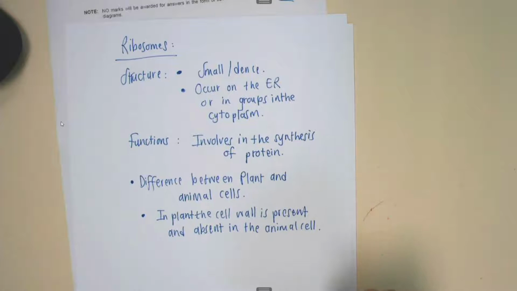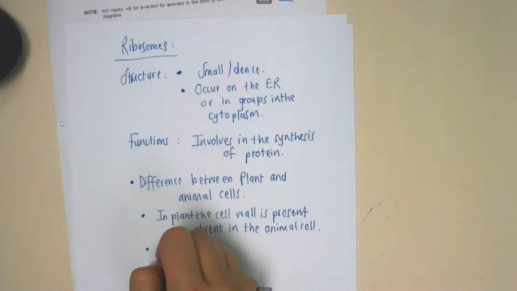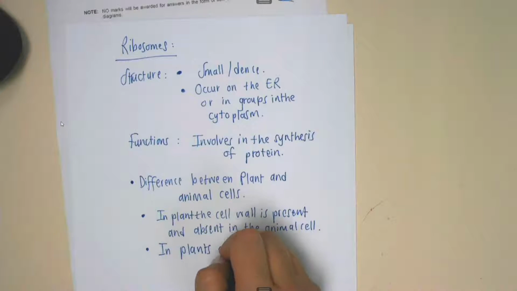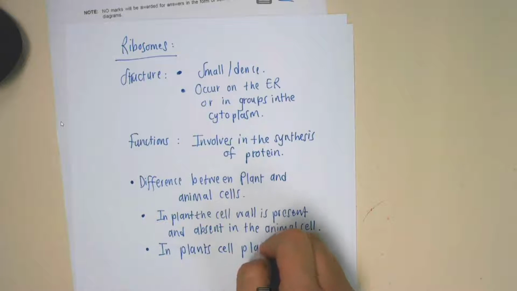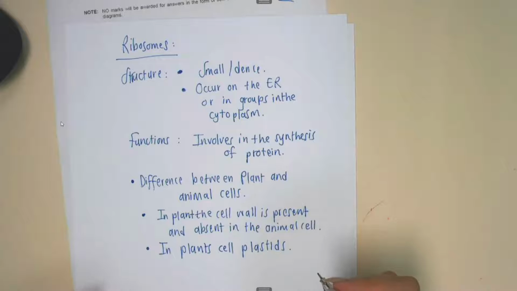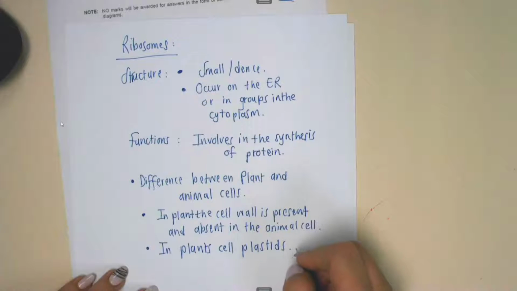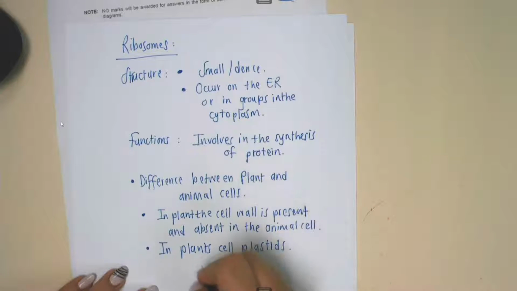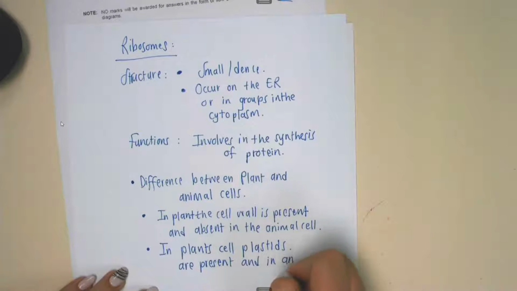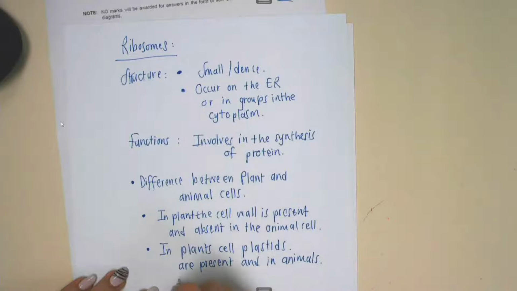Then you could also have said that in plant cells, plastids are present, and in animals they are absent.